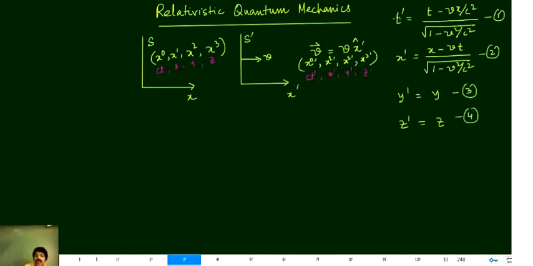Now what you can do is just multiply the first equation by c.